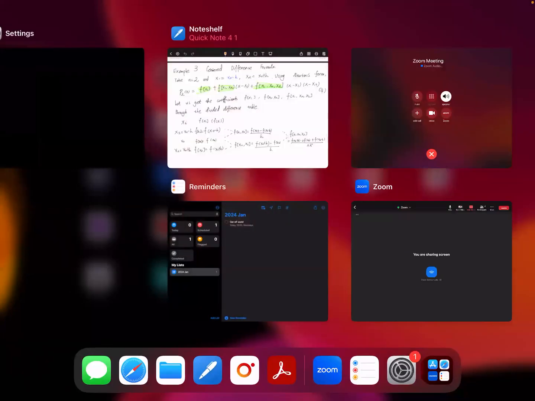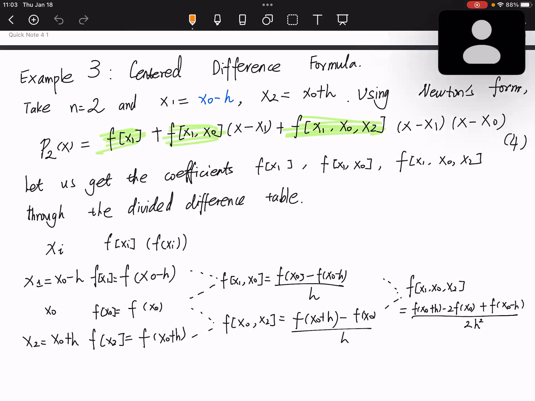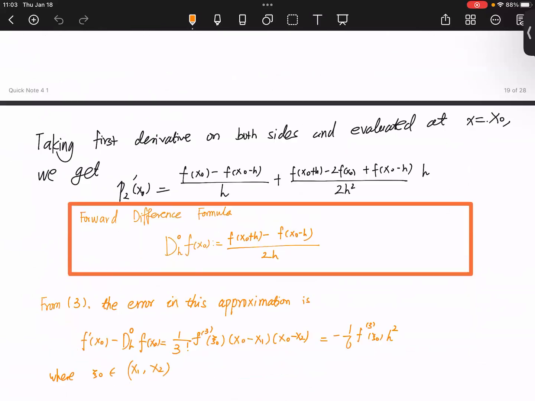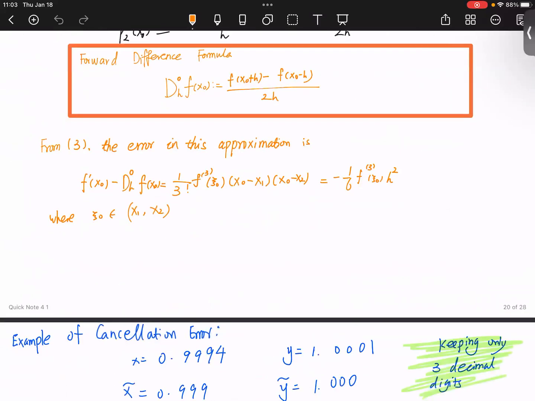Okay, good. Last time we have already done the center difference formulas for the approximations of the first derivative, and at the end of the analysis we have the error is second order in h.